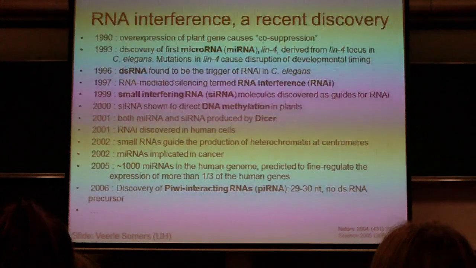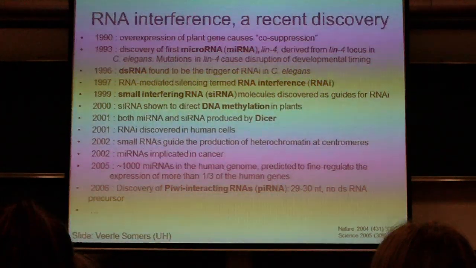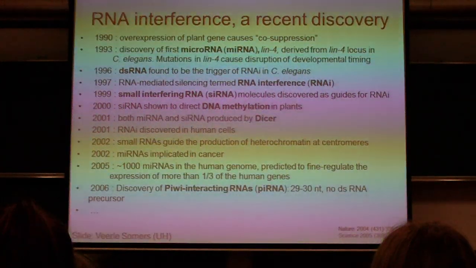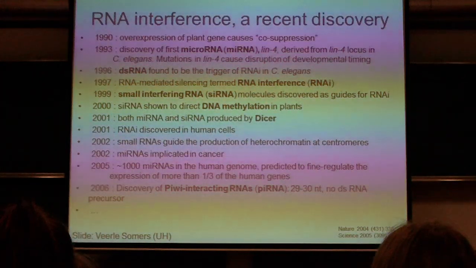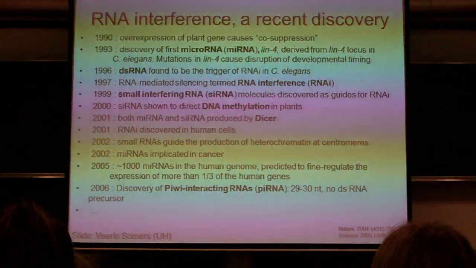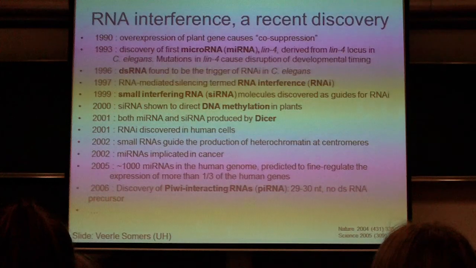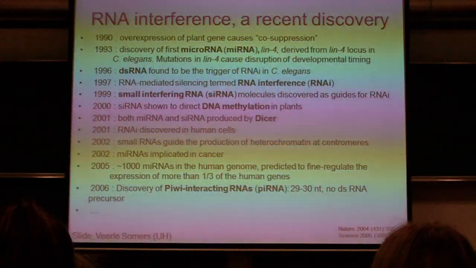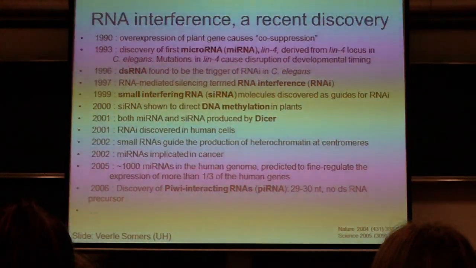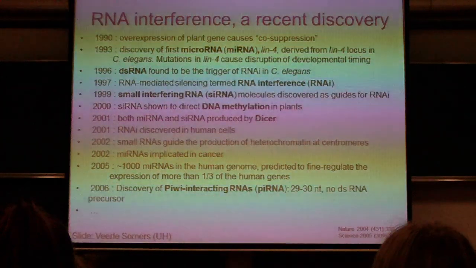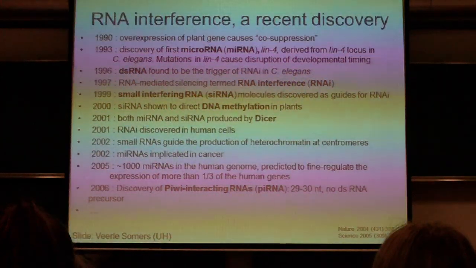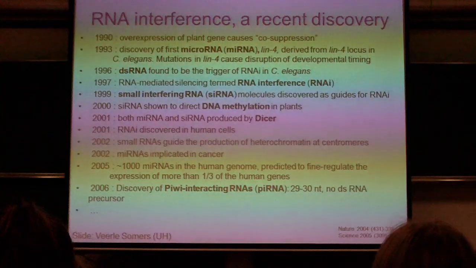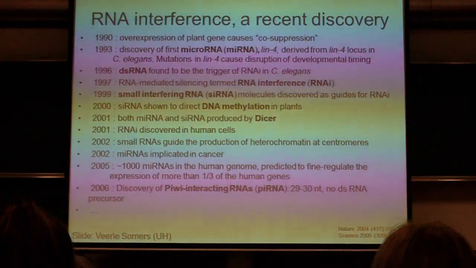And these microRNAs regulate the expression of many, many genes in the same organisms. On the other hand, you have small interfering RNA, which is also part of the endogenous mechanism of especially plants, but also of bigger organisms. But they can actually be introduced by viruses as well.